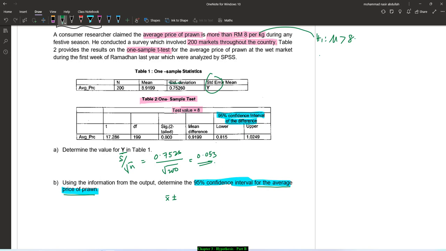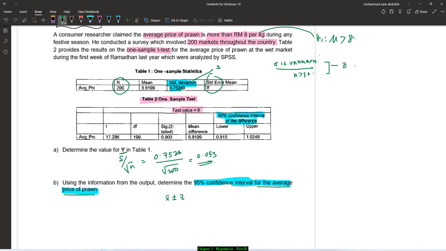This is a standard deviation from the sample. The population standard deviation is unknown, but the sample size is more than 30.